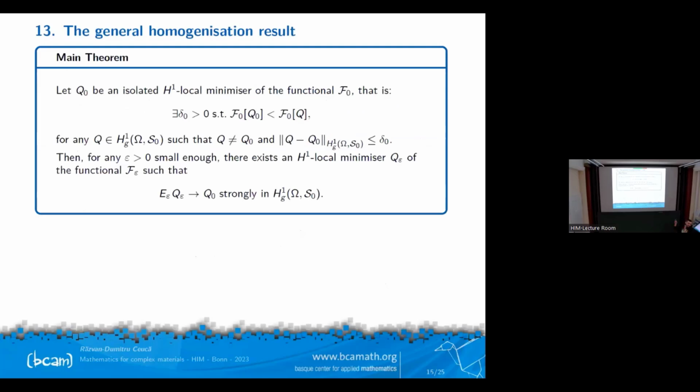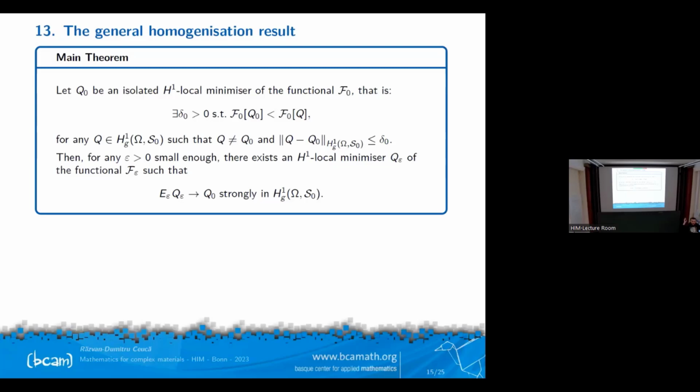If we have an isolated H1 local minimizer of the homogenized energy, then we can approximate it by a sequence of H1 local minimizers of the approximating energy, such that the harmonic extension operator applied to these Q epsilons converges strongly in H1 to Q0. What do we mean by this?